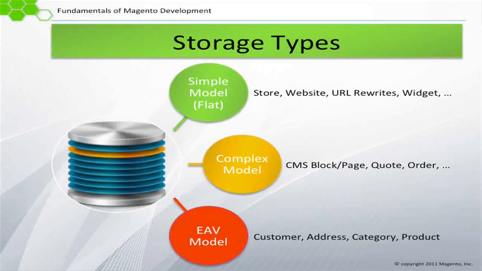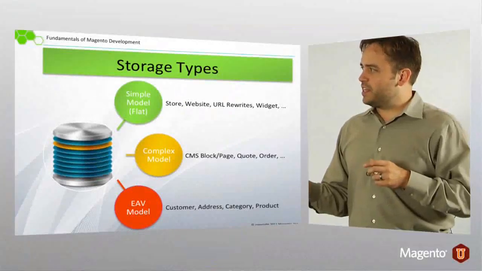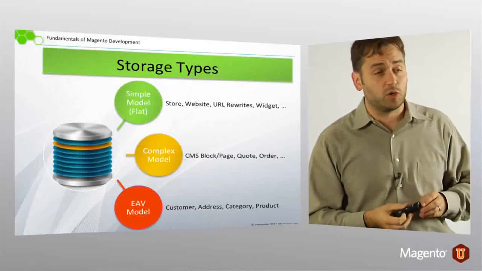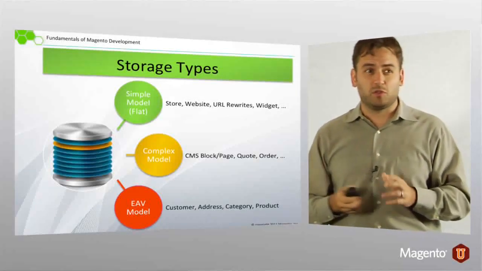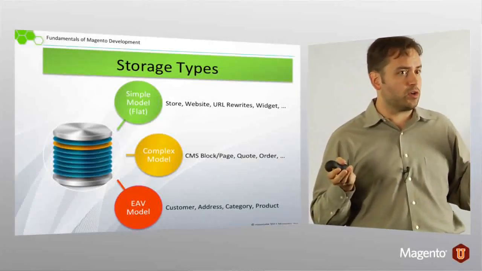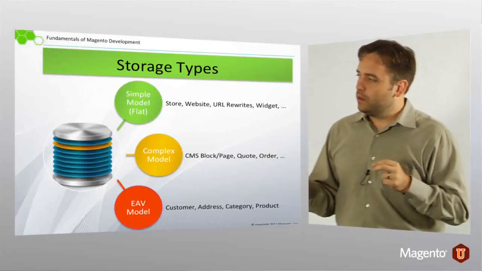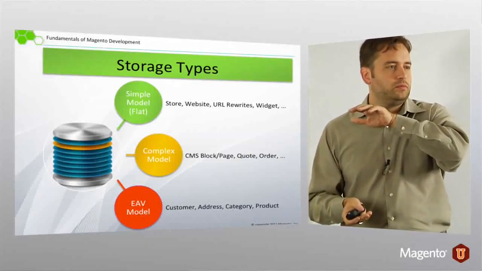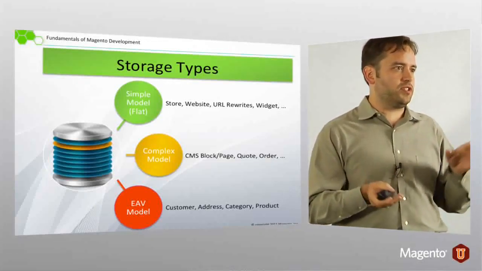There are also some complex models. In this case, CMS pages, sales orders, sales quotes, also known as shopping carts. These involve more than one table to really get a complete record of something.